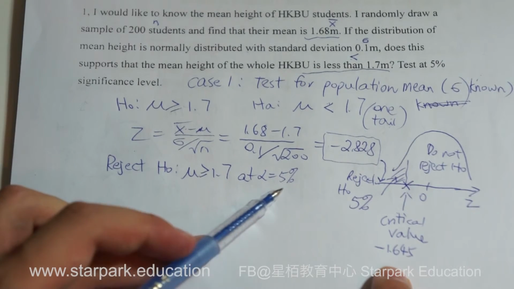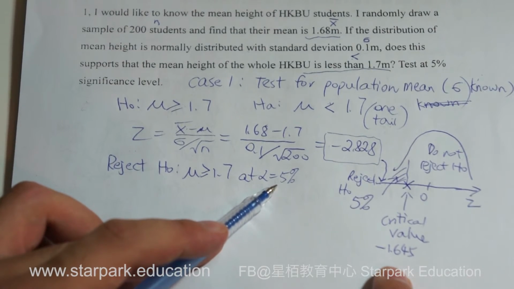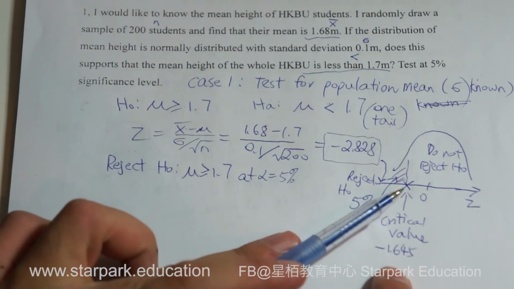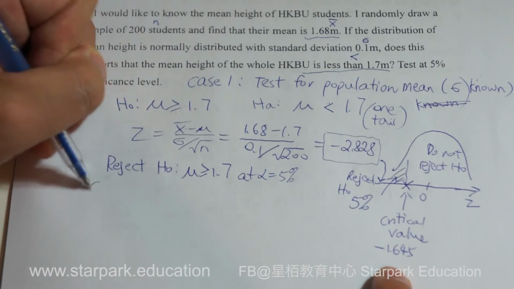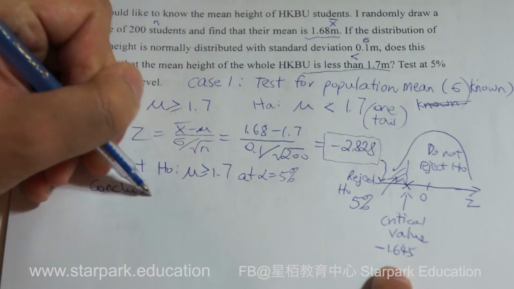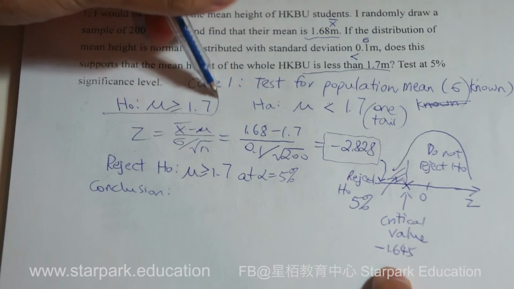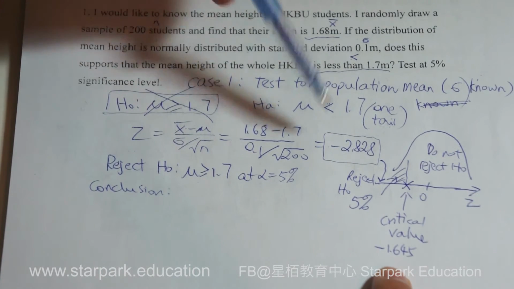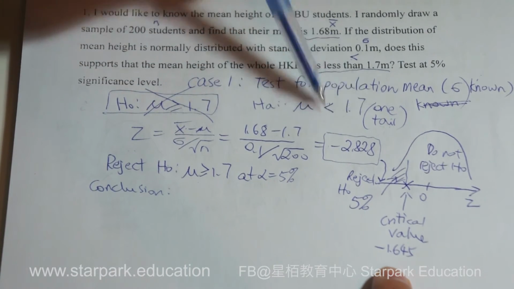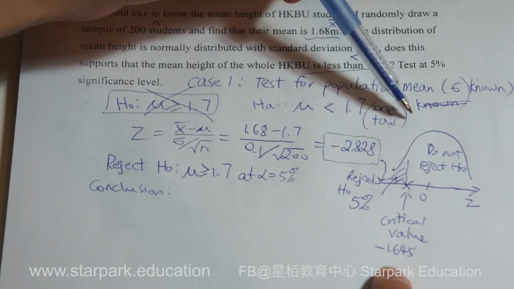Make sure that you write down the significance level as well, because at a different significance level, the critical value will be different, and then the conclusion will not be the same. If we reject the null hypothesis, that means this statement is wrong. So therefore we will accept the alternative: mu smaller than 1.7 meters should be correct.